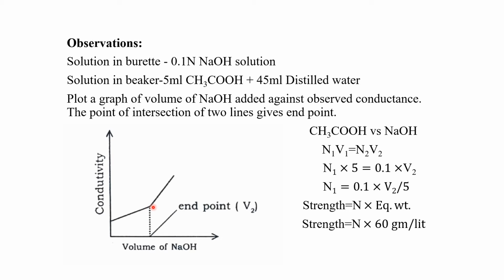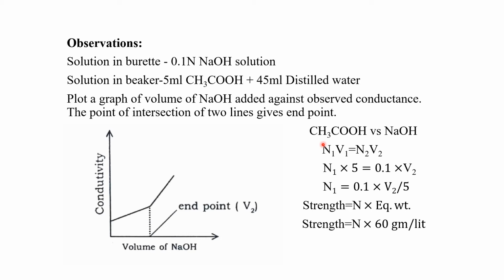After the neutralization point, the conductance value increases sharply due to the fast moving OH ions added by the NaOH solution. Here we get the neutralization point or end point, that is the volume of NaOH, V2, which we use in calculations.